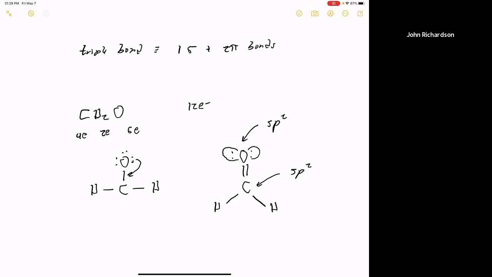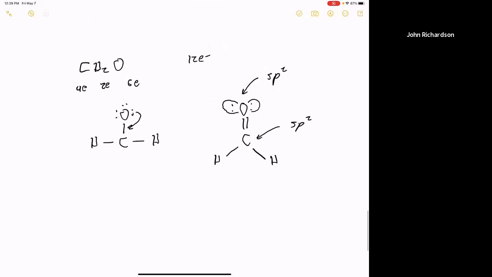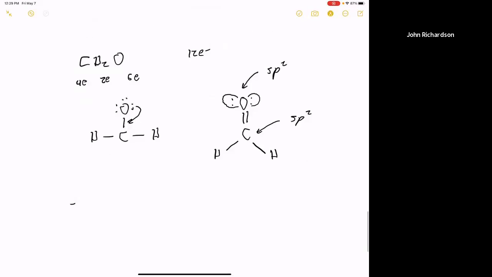Now, one other thing I want to show you, moving along in the same direction, is what we do with expanded octets. We haven't seen that yet. Let's look at an example. The nice thing about expanded octets is that we can actually hybridize d orbitals as well.